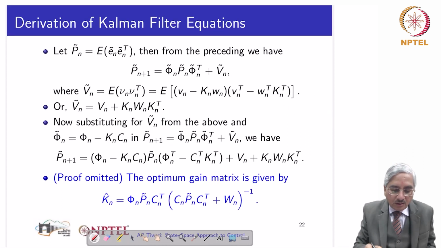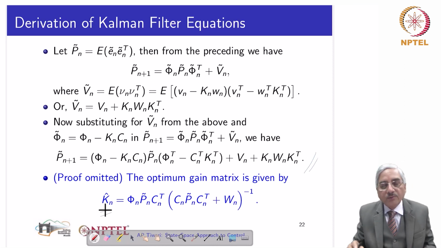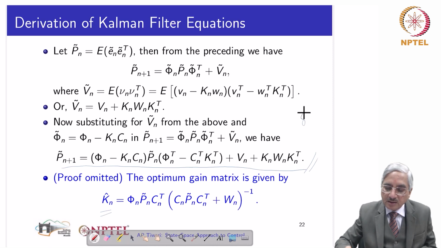At this point we have to find one optimal P tilde n plus 1, and that will also give one optimum gain matrix Kn tilde. Now we leave this gap, we omit the proof, and we say that by considering a small variation, something like P tilde plus or minus delta P tilde and Kn plus or minus delta Kn.